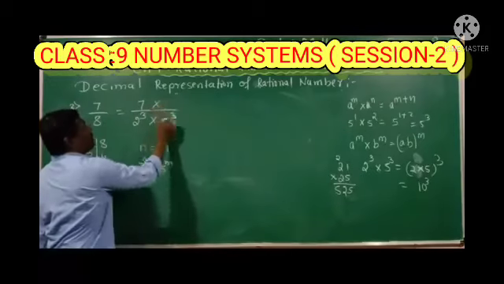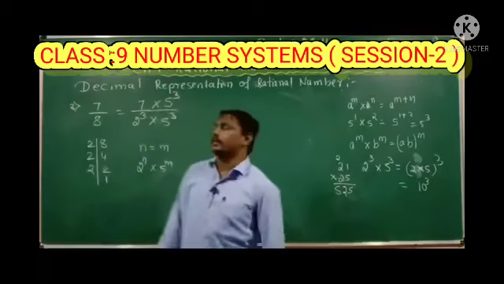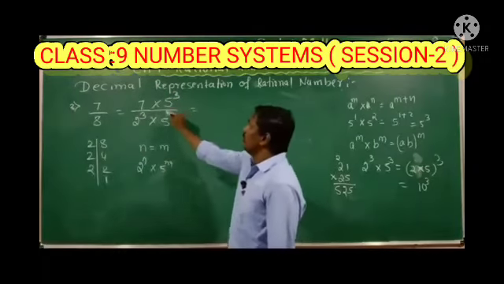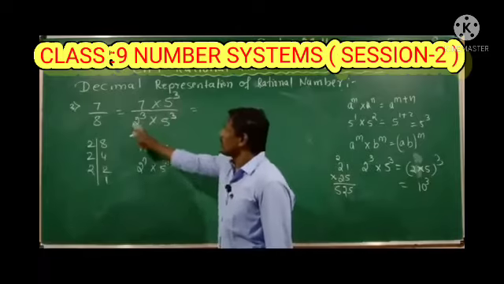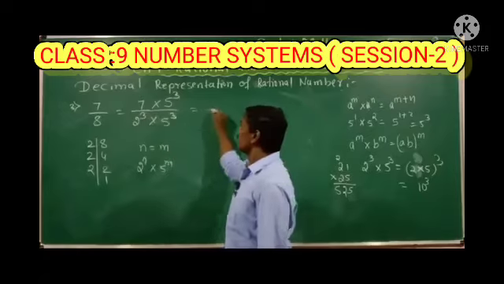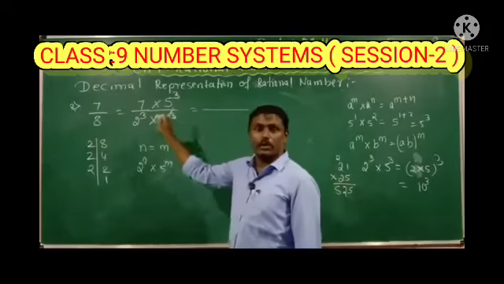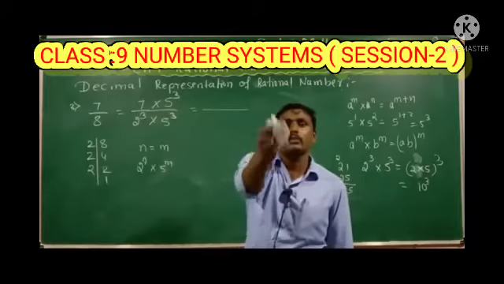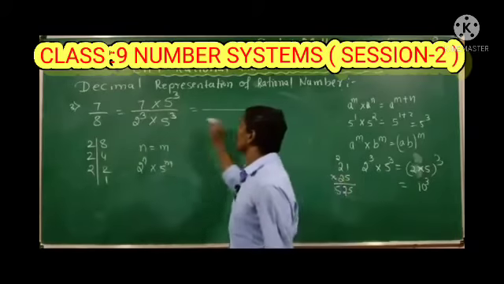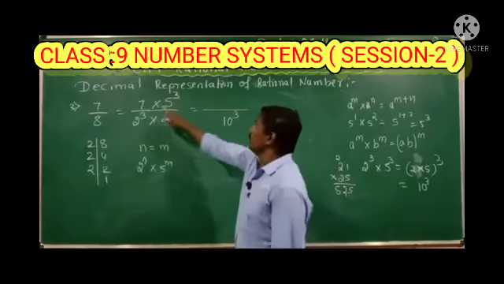So multiply the same number for both numerator and denominator. Now bases have different values, 2 and 5, but the powers are the same. With different bases and common powers, we multiply the bases and write the power as it is. So 2 5s are 10, 10 raised to 3, right?